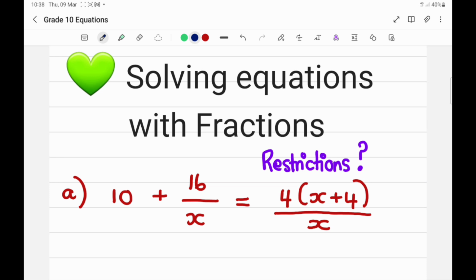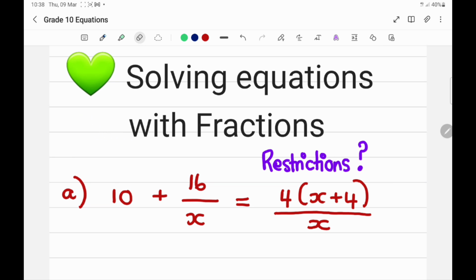Now, something that's new to grade 10 is where we look at restrictions, what x cannot be. If you remember way back in grade 8 and 9, where we dealt with the number system, we said that anything over 0 is undefined, which means it's got no solution. So we cannot have a 0 underneath a fraction line.